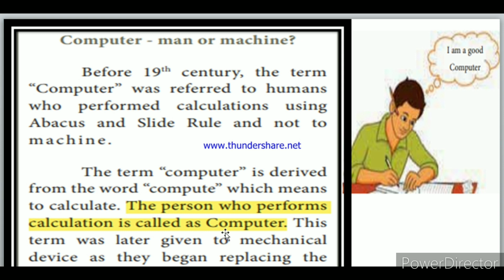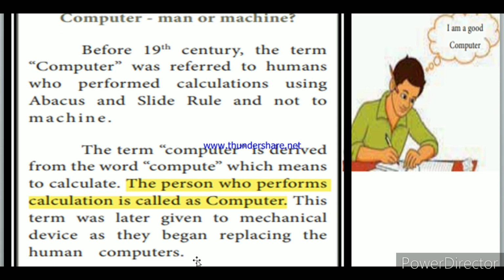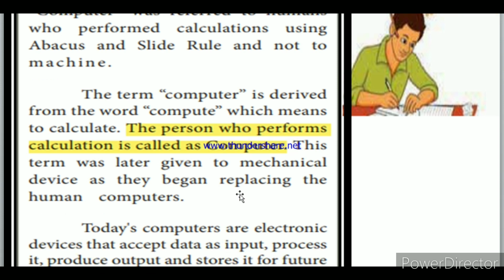The person who performs calculation is called computer. This term was later given to the mechanical devices as they began replacing the human computers. Now you can assume which is called computer. Is it a man or computer?